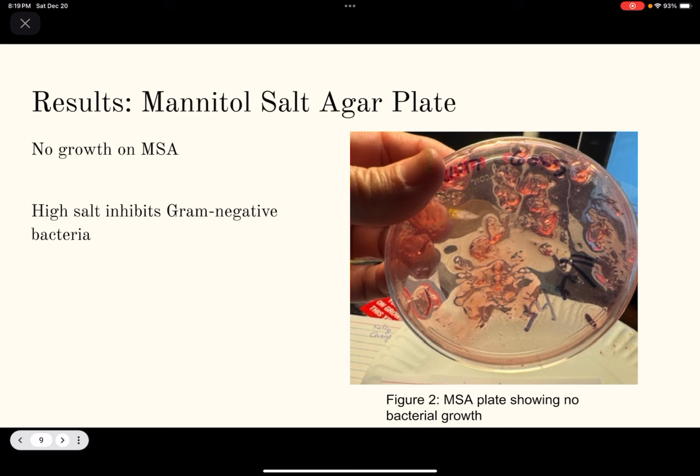And I did make sure that it was spread evenly over the plate. And because there was no growth on that plate, and because it contains a high amount of salt, most gram-negative bacteria cannot tolerate it. So it helped rule out gram-positive bacteria such as staph.